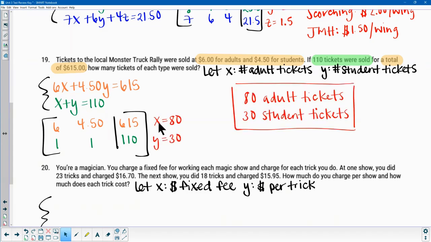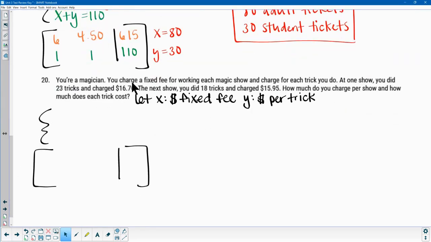Again, in my calculator, I got x equals 80, y equals 30, so we sold 80 adult tickets, 30 student tickets. For 20, you have to be careful because you charge a fixed fee. So every time they did a performance, they had a fee attached. So I had that as my x value, and my y value is going to be the cost per trick.